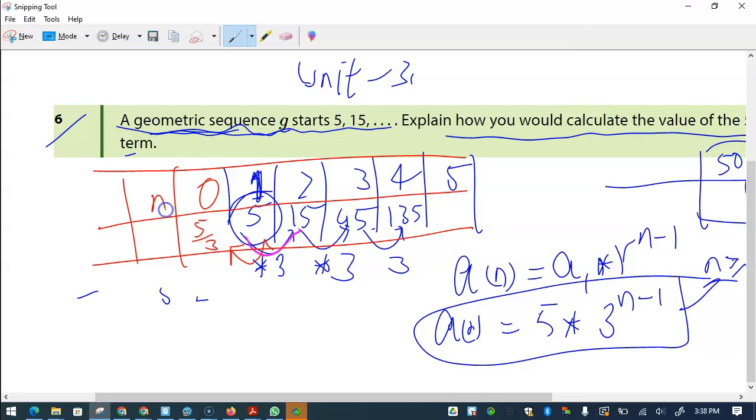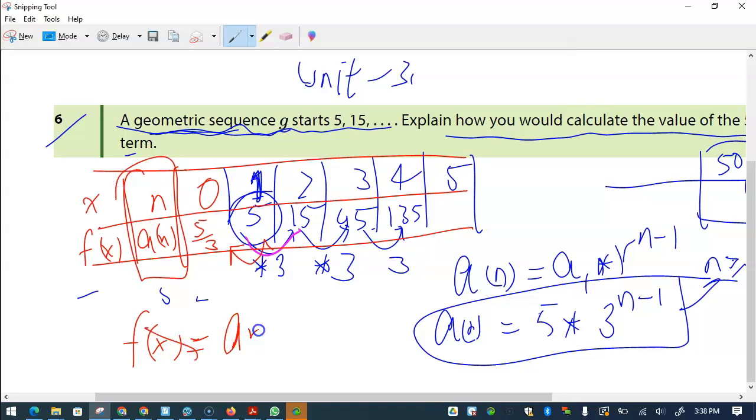So this is n, this is a_n. Or I can call it x and f of x, like we can create a function type. And in this case, it will be f of x equals, or you can keep this also, and write a_n equals whatever the first term is, here it is 5 by 3, times 3 raised to n.